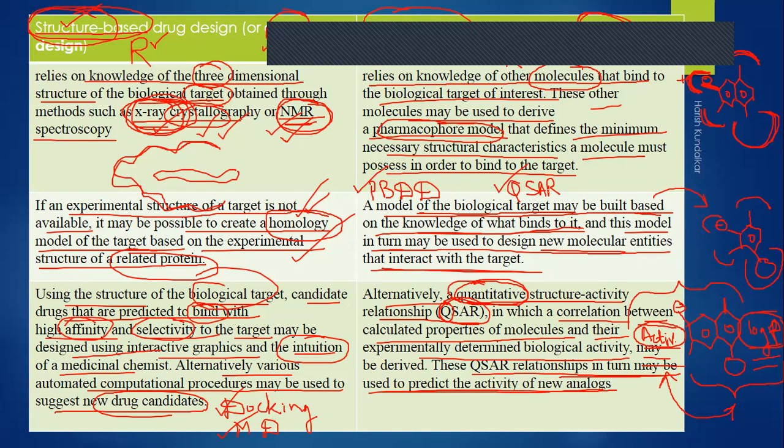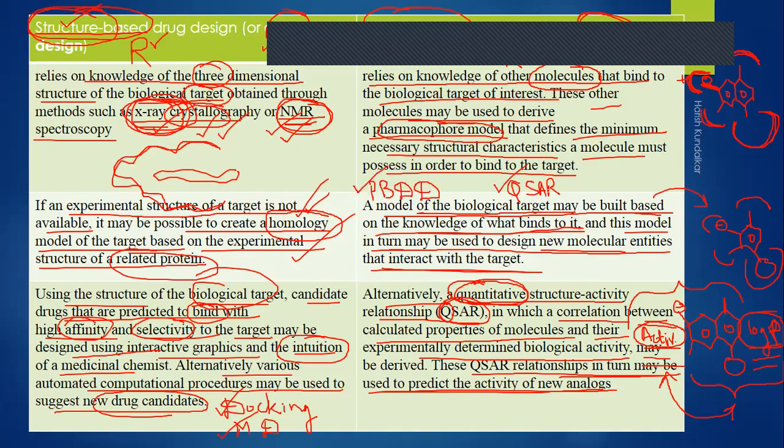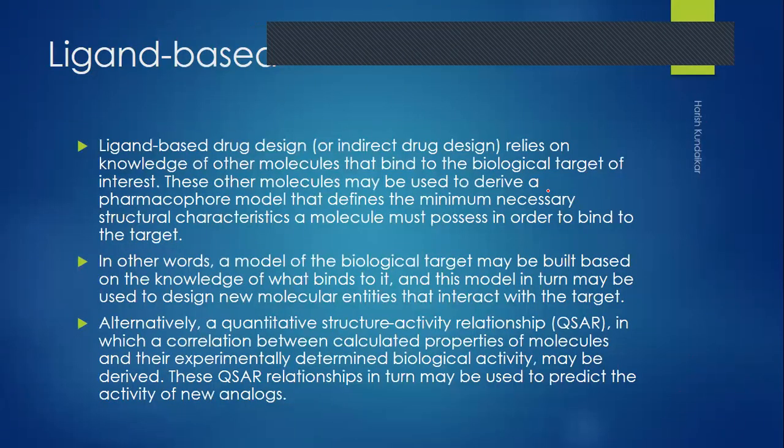All right, so then let's move ahead now. Whatever I had mentioned in this slide, I have repeated it here. Basically, ligand-based drug design is also called indirect drug design, and it relies on the knowledge of the other molecules that bind to the biological target of interest. So we have pharmacophore-based drug design and we have QSAR, that is quantitative structure activity based drug design.